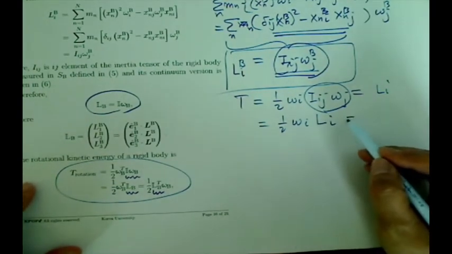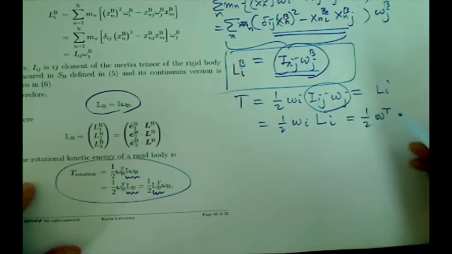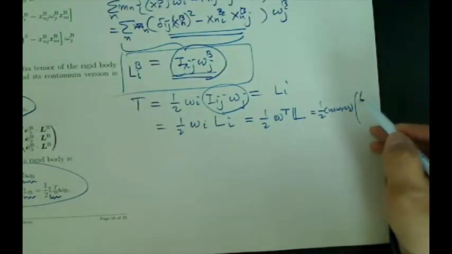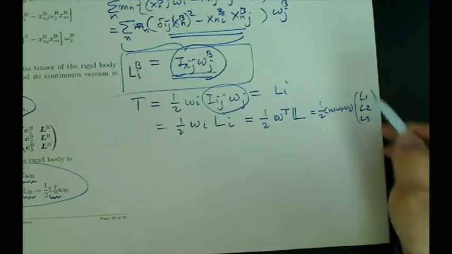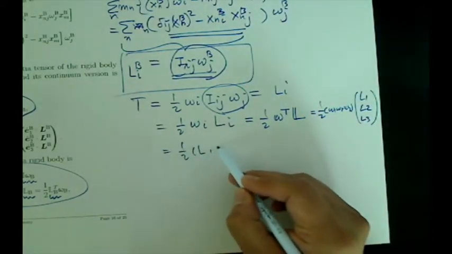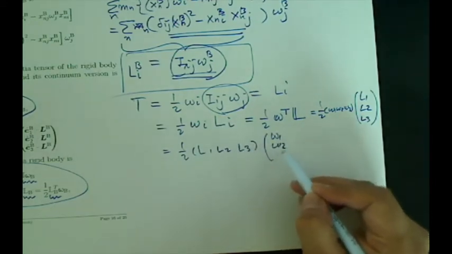So this can be written in matrix form as omega transpose L. That means omega 1, omega 2, omega 3 times L1, L2, L3, or this can be written L1, L2, L3 times omega 1, omega 2, omega 3.